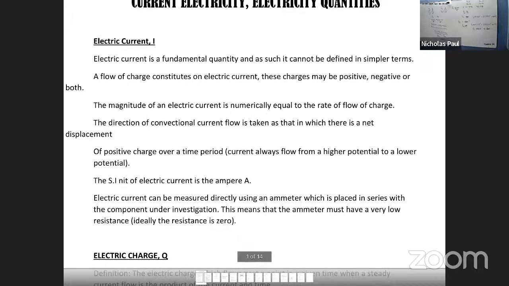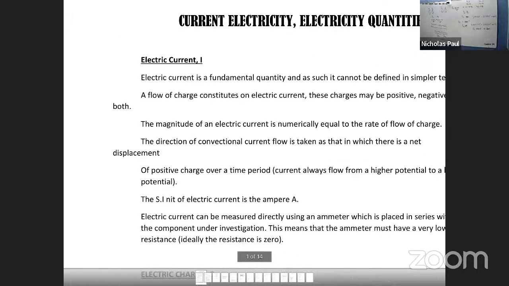Right, so the first thing we have to run over is all the quantities in electricity. What were the three main quantities? I, R and V. Current, resistance, voltage.